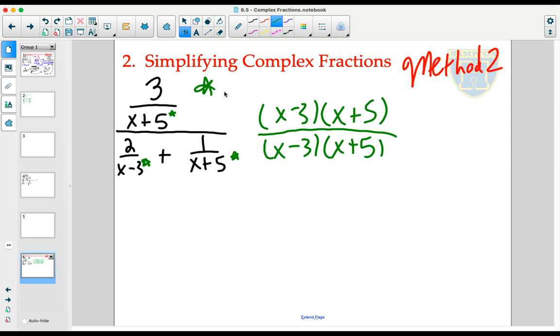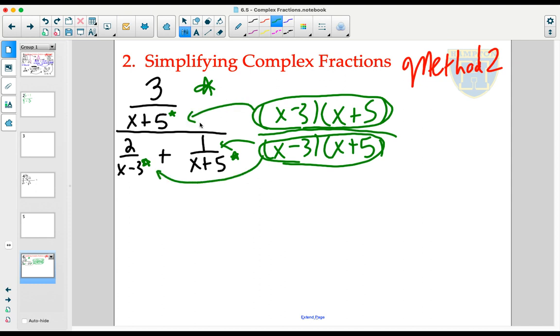Essentially, it's going to eliminate the complex part of it having fractions. There will still be a rational expression at the end, and we will still need to do factoring and canceling, and we will still need to look for those common factors. But multiplying the numerator and the denominator by that common denominator is going to free up all of those extra fractions that appear in the expression.